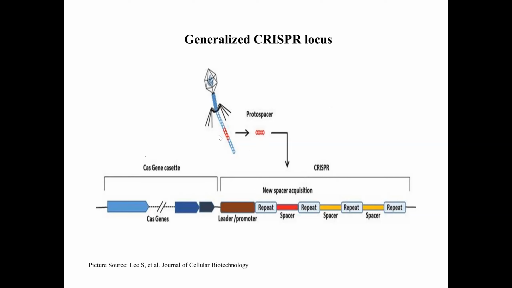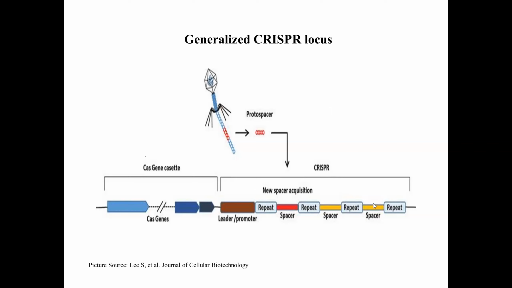There are some special mechanisms which are still yet to be unraveled, which ensure that a small portion of the phage genome is cut and then gets integrated into the CRISPR array as a spacer. What you see in red color here is a newly acquired spacer, and the ones shown in yellow are phage sequences which have been acquired during the previous infection.